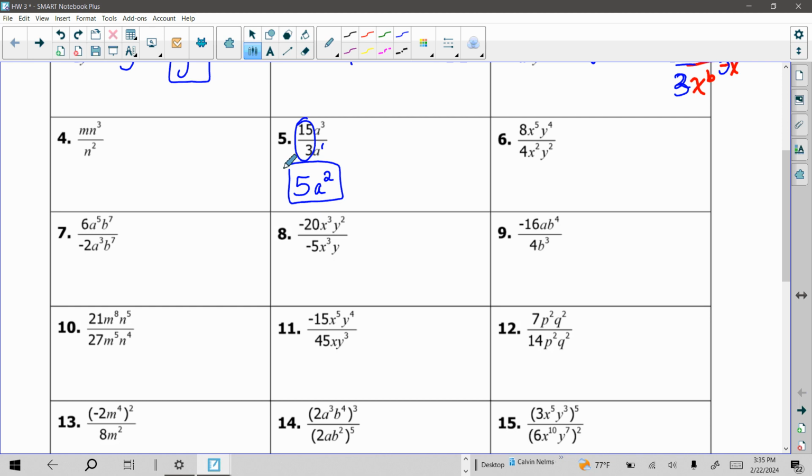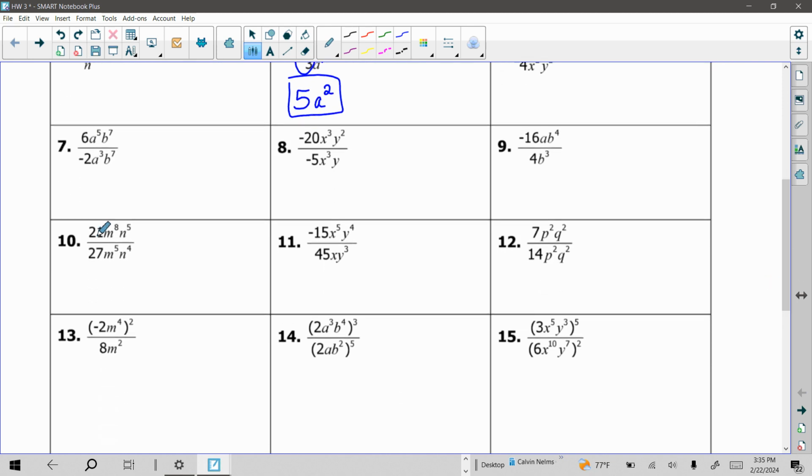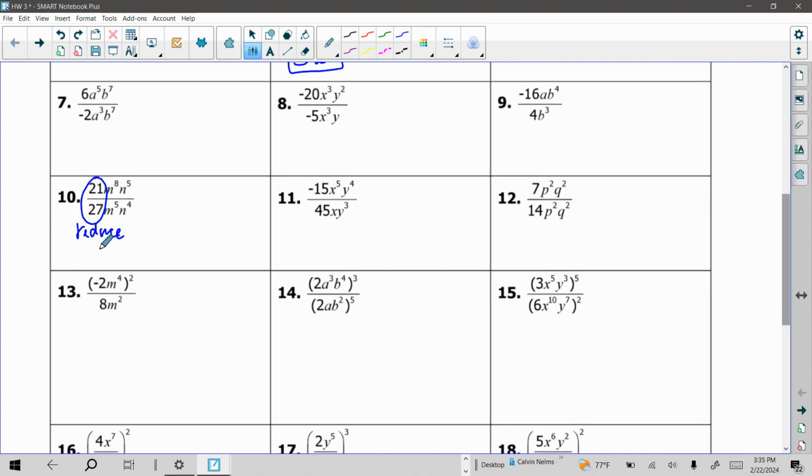Now, if we have a fraction, let's say we can't reduce it to a whole number, like on number 10. Here, we would have to reduce this fraction. So they have 3 in common, and when I reduce that, you would get the fraction 7/9.